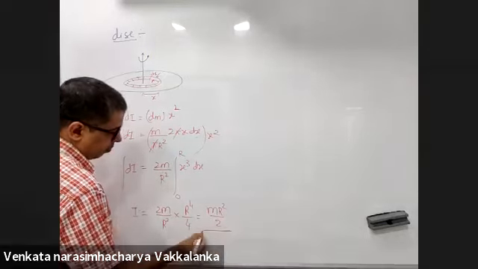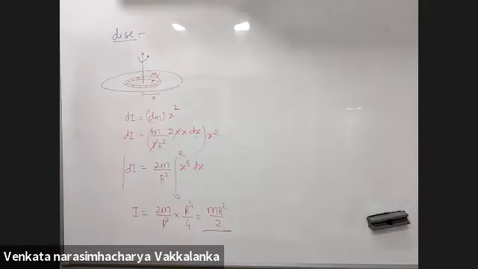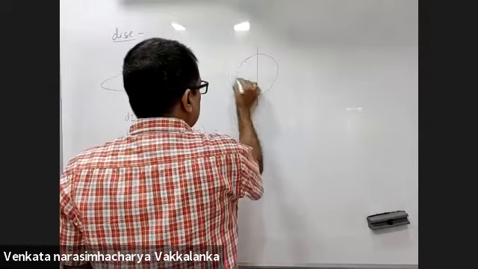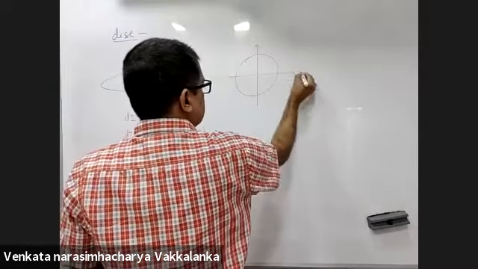M r square by 2 is the moment of inertia of a disk about an axis passing through the center. Right? Now, what will be the moment of inertia of the disk about this axis and this axis? Exactly.